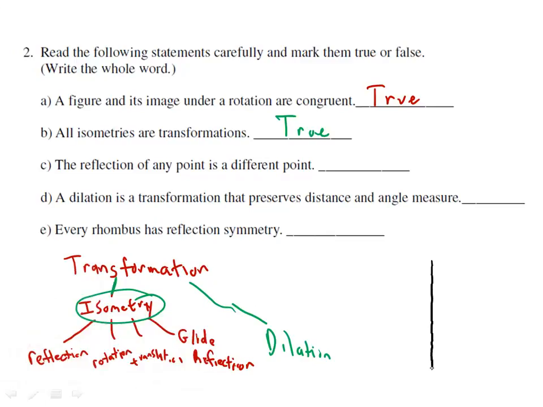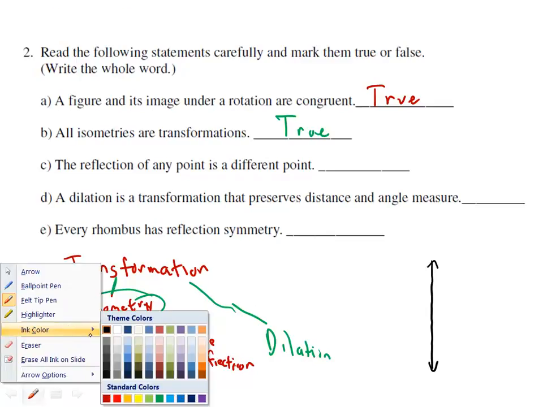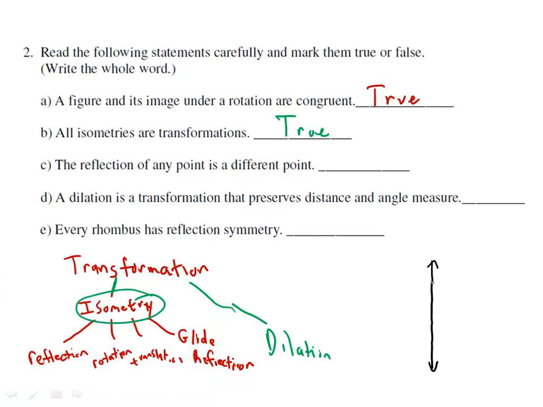Let's say this is your reflecting line. Okay, and let's say that you've got a segment that has a point there, and a point here, and call this A and this B. Alright, so if I reflect that across, this would be the same distance across B prime.